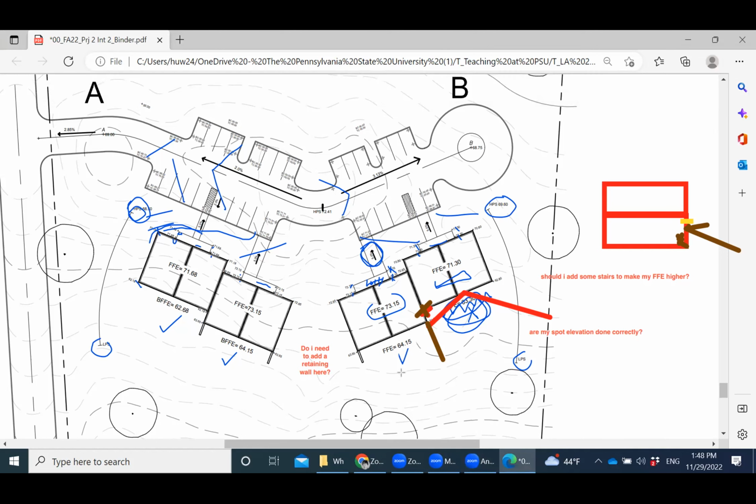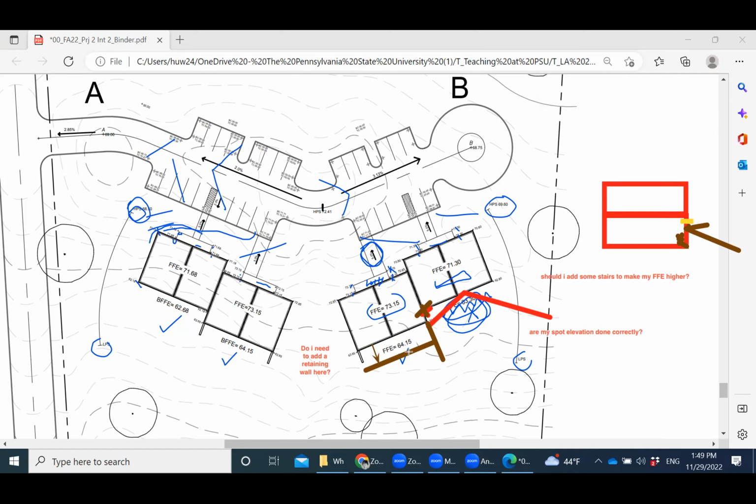My 64 contour might be there, because I would want to have a 2% slope coming out of the 64.15 to the 64.